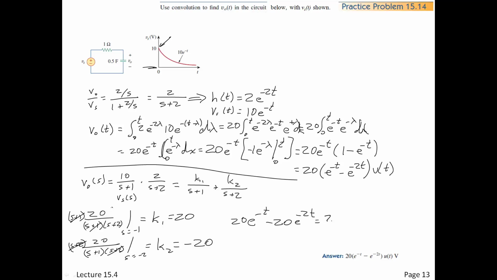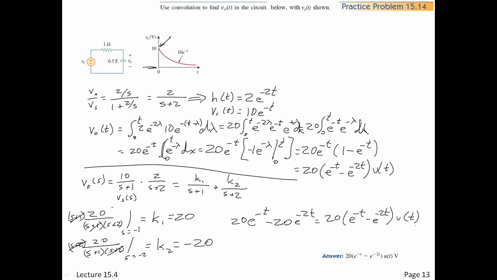With minimal factoring, we've got e to the minus t minus e to the minus 2t, and of course the step function, since it doesn't exist before that. So once again, it looks good both ways, and things correlate.